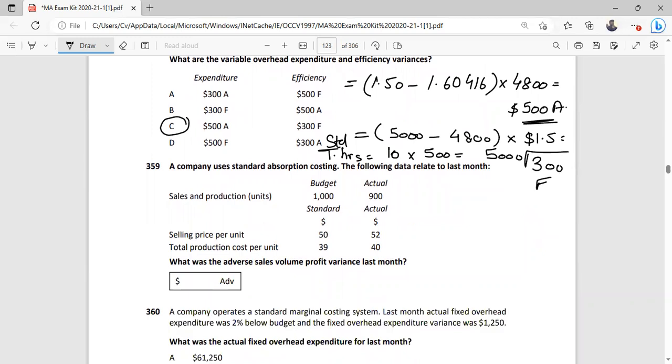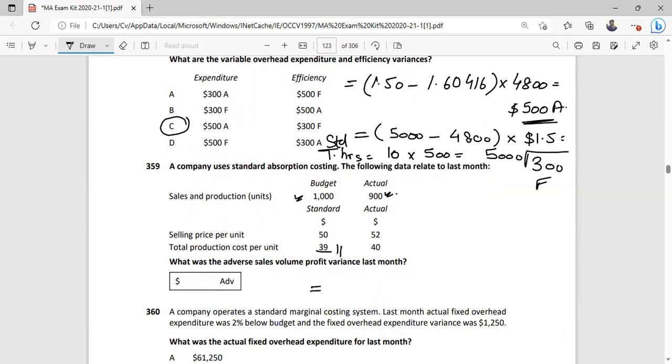A company uses standard absorption costing. The following data relates to last month. Budgeted sales units are 10,000, actual sales units are 900. Selling price standard is 50 and actual is 52. Total production cost standard or budgeted is 39, so we have a profit of 11, and actual is 40. What was the adverse sales volume profit variance for the last month?